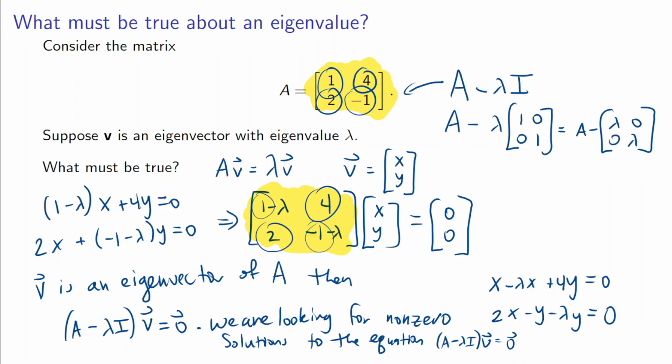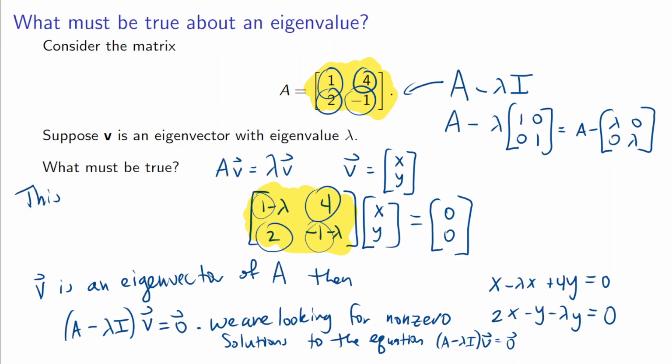So this is only possible when the determinant of A minus lambda I is equal to 0. Because then A minus lambda I itself will not be invertible, and that particular equation, A minus lambda I v equals 0, will have infinitely many solutions, which is what we need because we know it automatically has the one solution v equals 0. We want a non-zero solution to that.